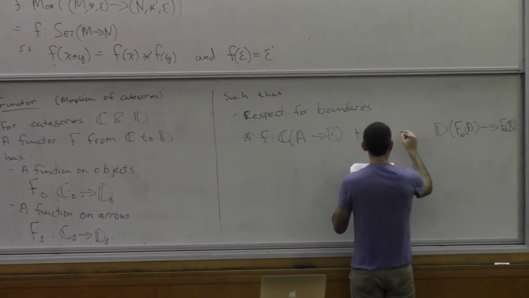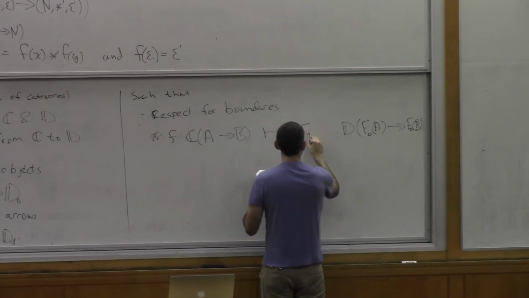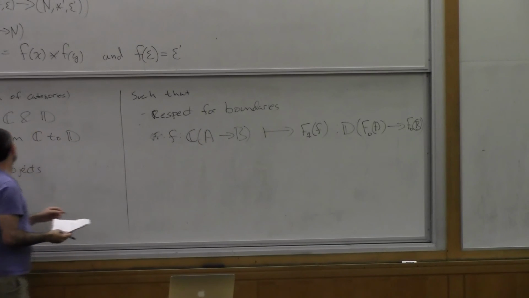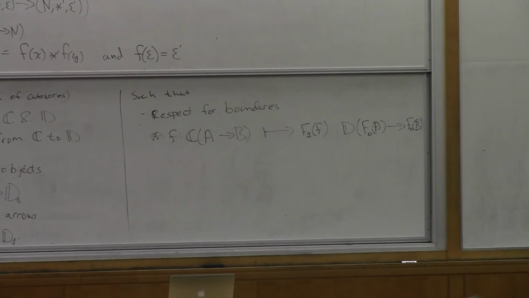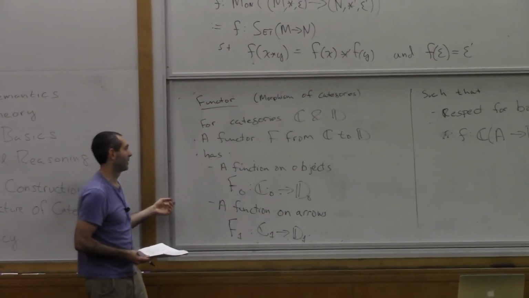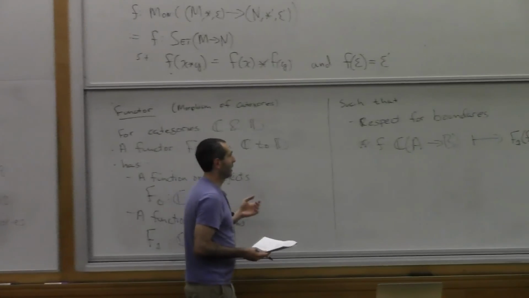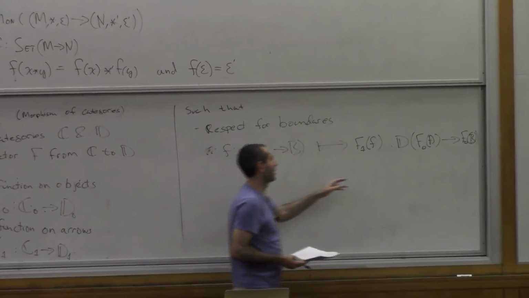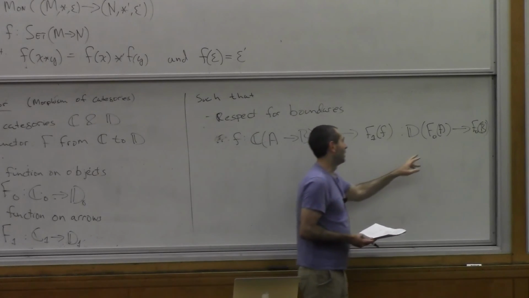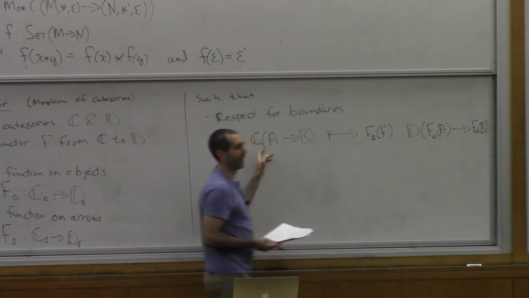And this is F1. So in other words, the functions on arrows respect the boundary relation on the arrows between the two categories. So if you take the domain and codomain of the image of an arrow, it's the image of the corresponding object.